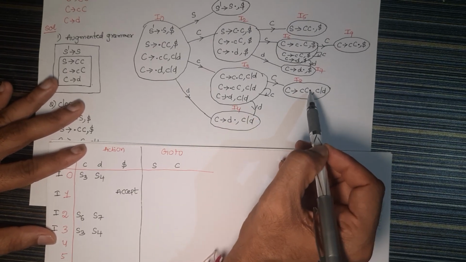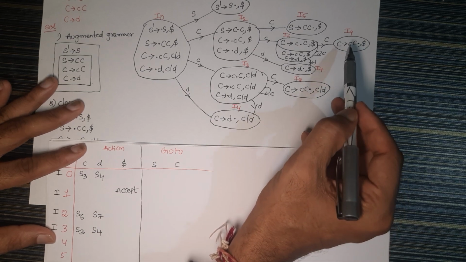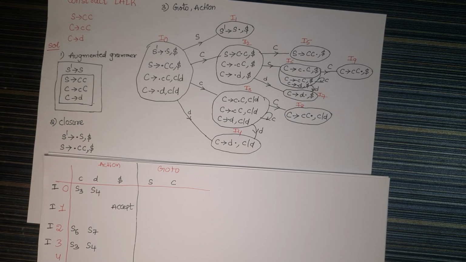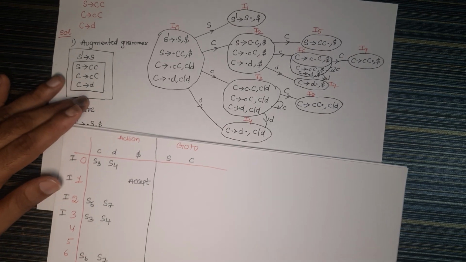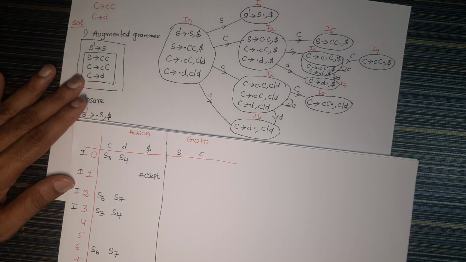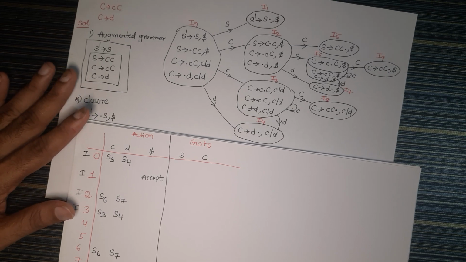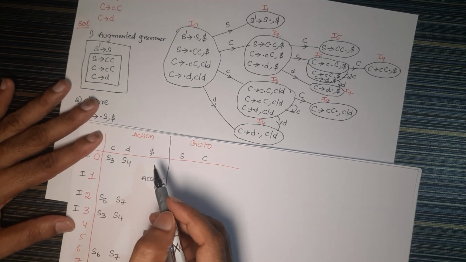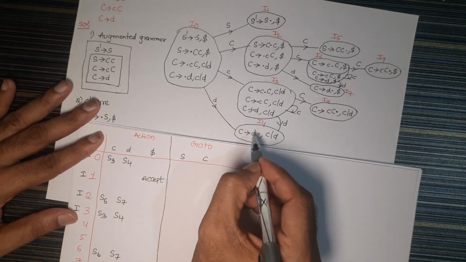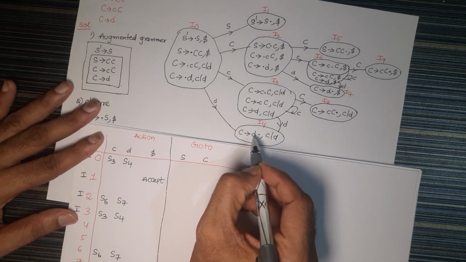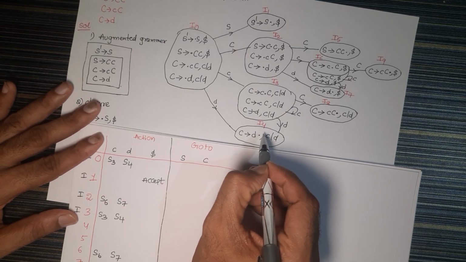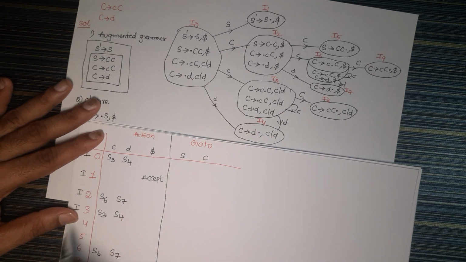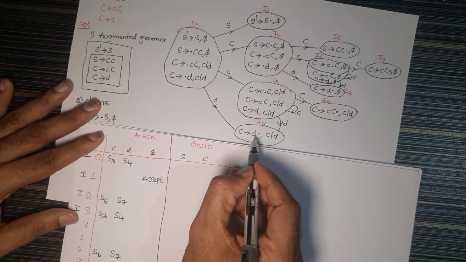Remember, important thing: when we find this LALR, till now we constructed the action moves and go to moves except the final moves. When you find C tends to D dot, it is a final move. So C tends to D dot is in I4.